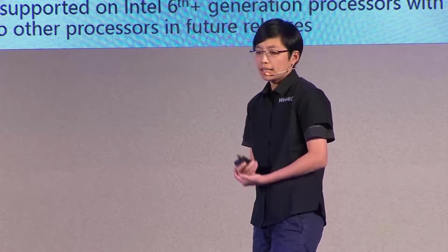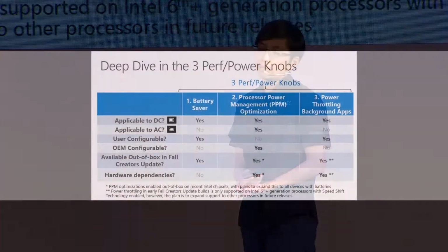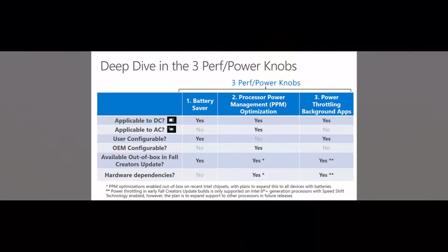So let's take a closer look at each perf or power knob engaged by the perf and power slider. The first one: all 3 knobs are applicable to DC power. However, only PPM optimizations are enabled on AC power. Second, the user can configure a few battery saver related settings, such as whether or not to reduce screen brightness.